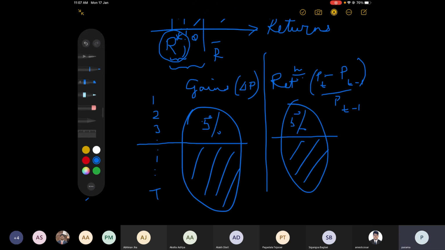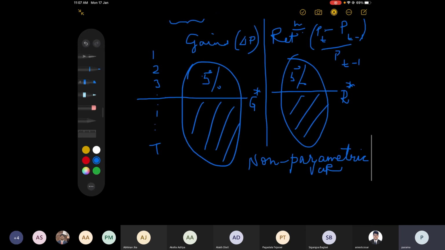We call this the non-parametric or empirical value at risk. Why is it called non-parametric? Because we are not assuming that the data follows any distribution. We are just reading out the worst gain or worst return from the data per se.